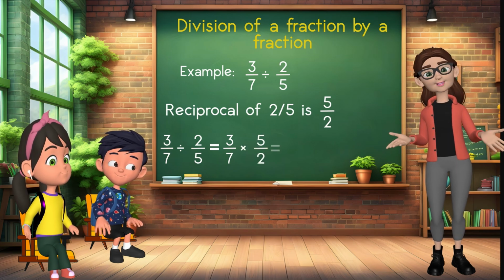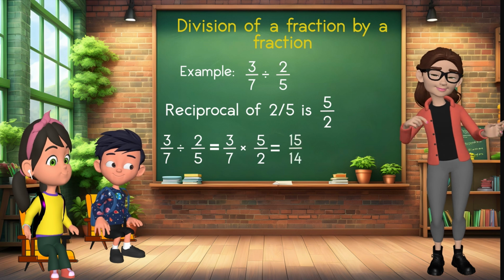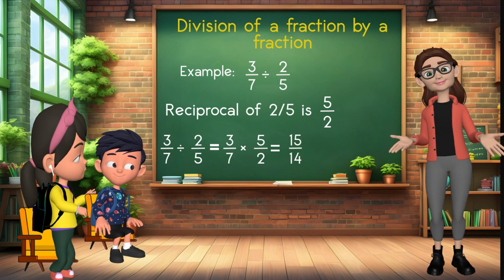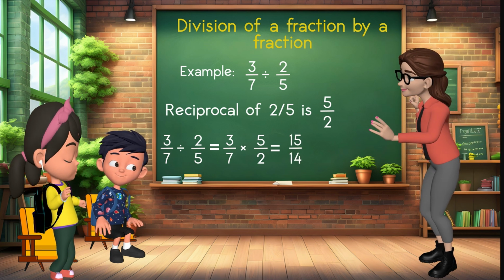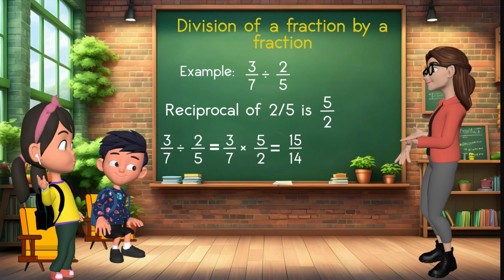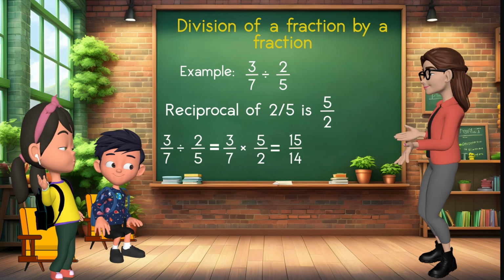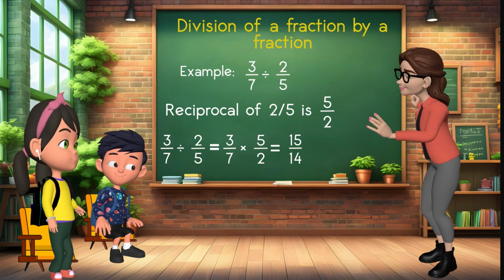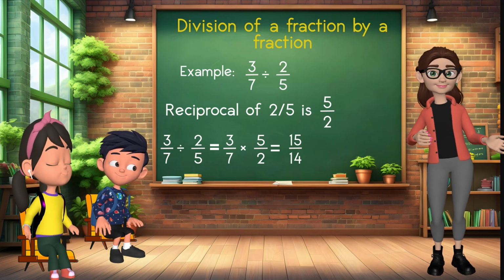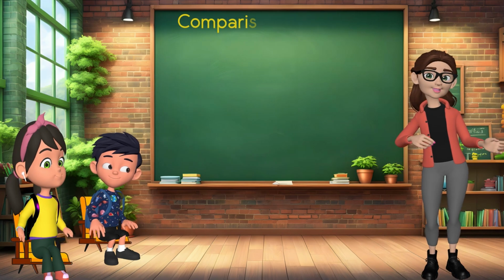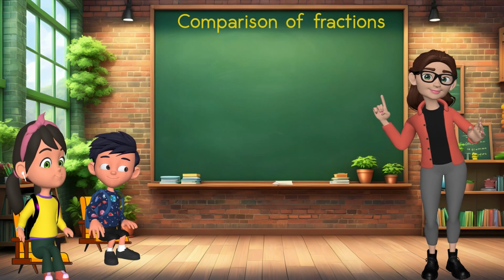After simplification, we get 15/14. When we divide a fraction or a whole number by a fraction or a whole number, we need to find the reciprocal of the divisor and then multiply. You are absolutely right.